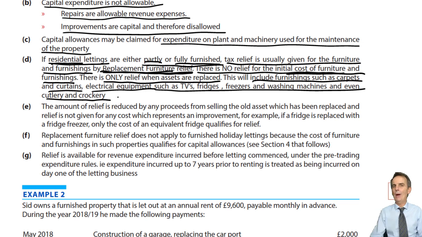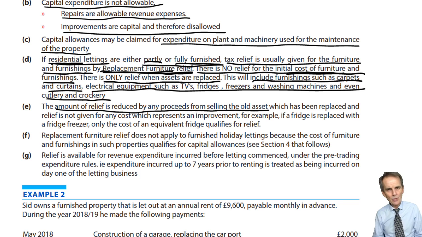There's a couple of things that might actually bring that figure down that we now need to be aware of. The amount of relief is reduced by any proceeds from selling the old asset. So we originally bought for £400, we sell for £80.